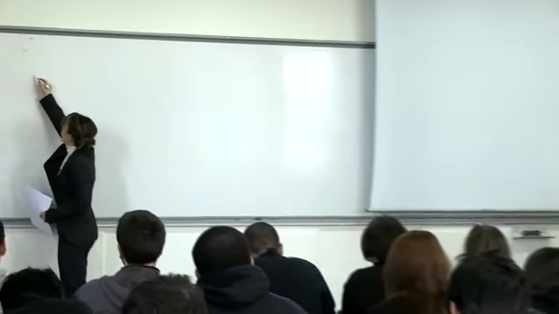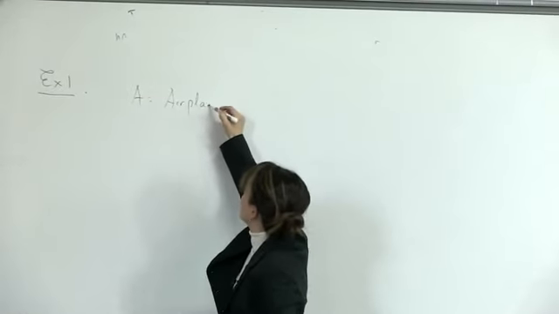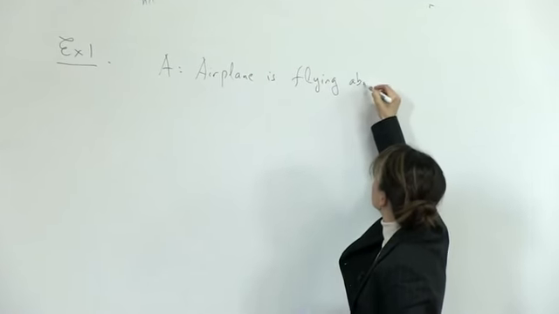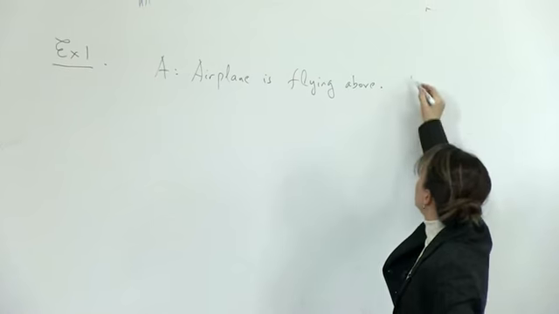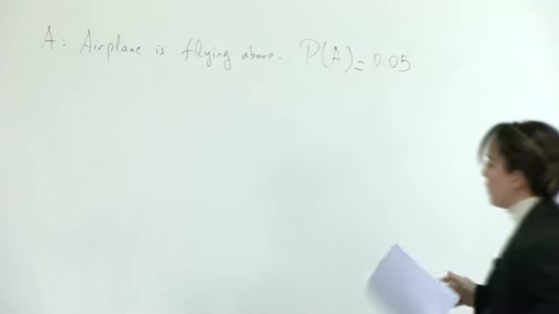Let A be the event that an airplane is flying above. We're given that P of A, the probability of A, is 0.05. This is the prior probability of A, in the absence of further information.